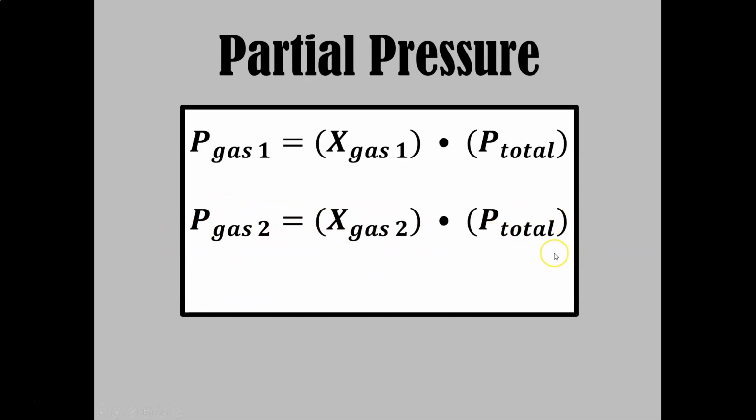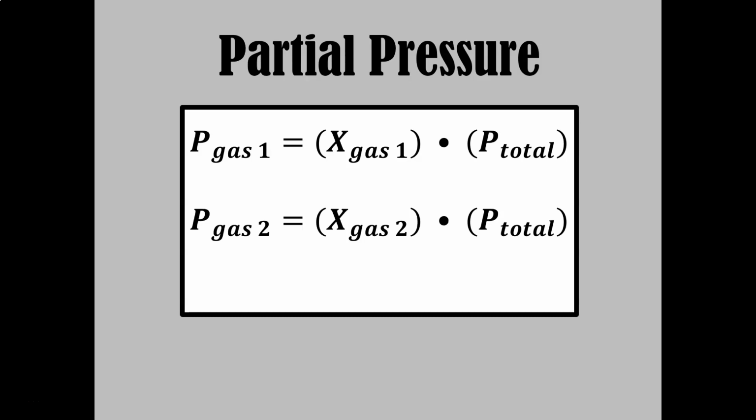pressure. Now, if you think about mole fractions, if you were to add those together, you should get 1. Just like if you have percentages, 80% and 20% should equal 100%. If we're doing fractions, 1/4 plus 3/4 will equal 1.